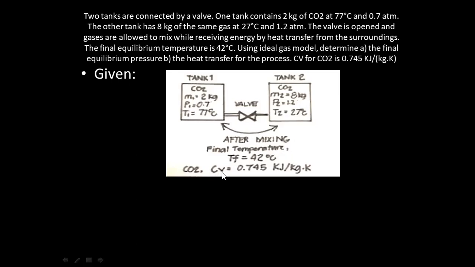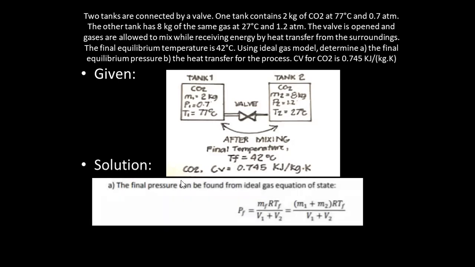Cv stands for the specific heat, in this case of carbon dioxide, which is 0.745 kilojoules per kilogram Kelvin. Now, let's proceed with the solution. For letter A, the final pressure can be found from the ideal gas equation of state. So this is already a given equation.